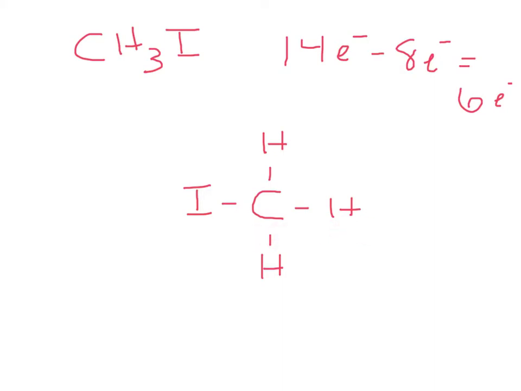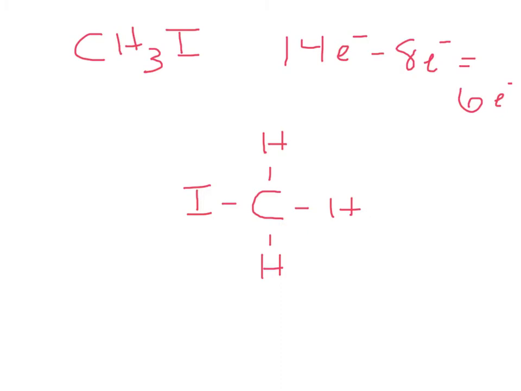Okay? So in the case of hydrogen, we know that hydrogen is happy because it wants to have 2 electrons in its outermost shell, and it does. It has the 1 that it brought to the table, its 1 valence electron, plus each hydrogen is sharing 1 electron with carbon. Okay? So that's great.